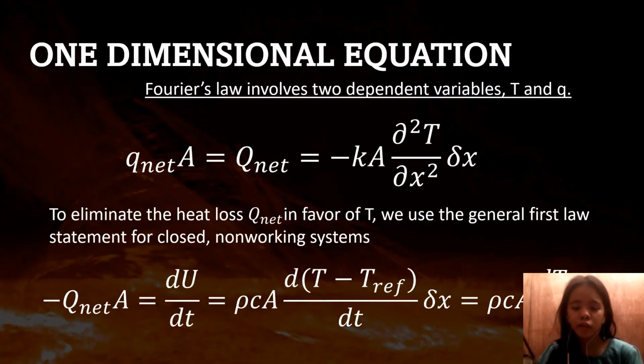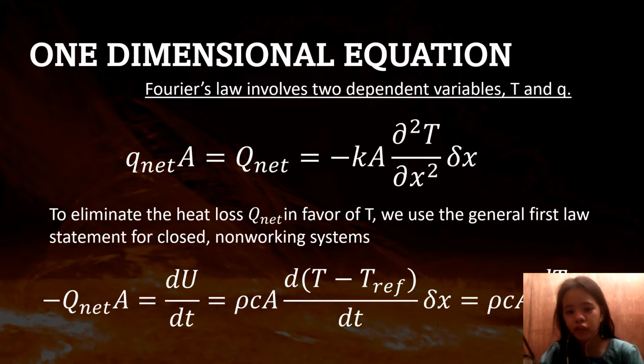The one-dimensional equation, Fourier's law, involves two dependent variables, T and q. So Q net is equal to negative kA dT over dx. To eliminate the heat loss Q net in favor of T, we use the general first-law statement for a closed non-working system.